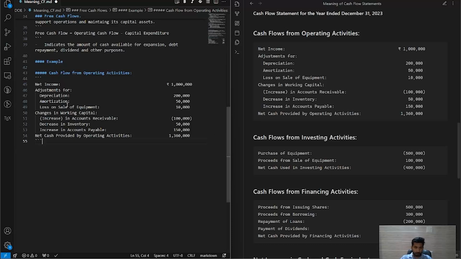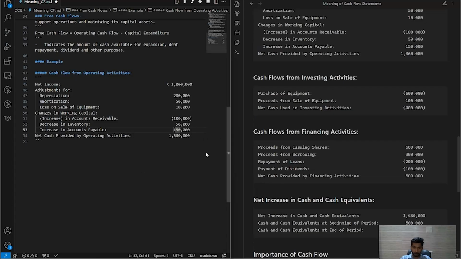Here, the net income is rupees 10 lakhs, depreciation is rupees 2 lakhs, amortization is rupees 50,000, loss on the sale of equipment is rupees 10,000. And the changes in working capital: decrease in inventory is rupees 50,000, increase in accounts payable is 1 lakh 50,000. So the total net cash provided by the operating activity is rupees this much.